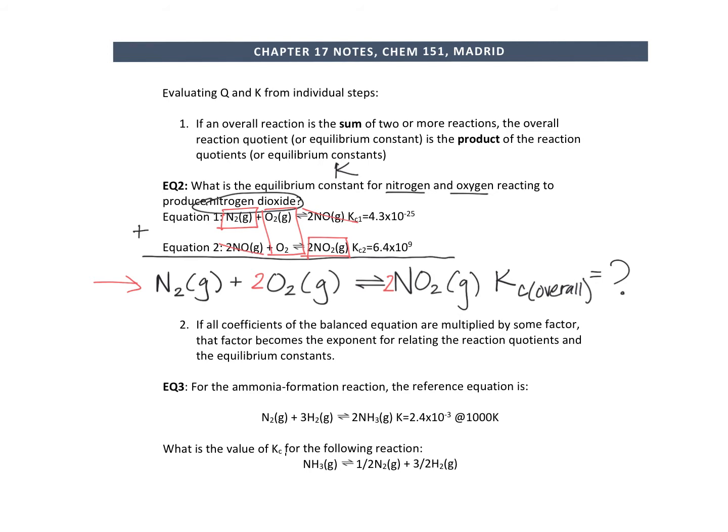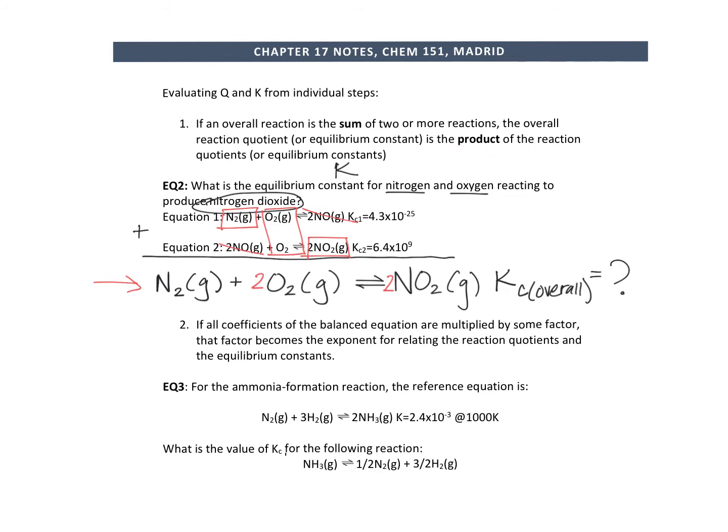Okay, the answer lies in that statement in number 1 above. If an overall reaction, which is this one, is the sum, which it is, I've added these two, of 2 or more reactions, the overall reaction quotient or equilibrium constant is going to be the product of these.